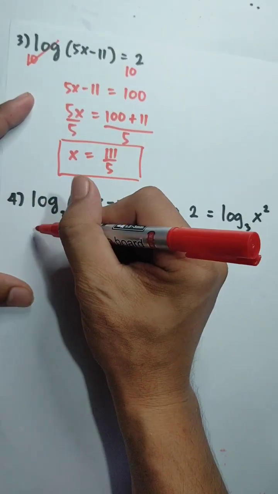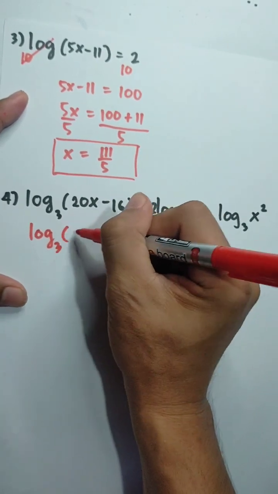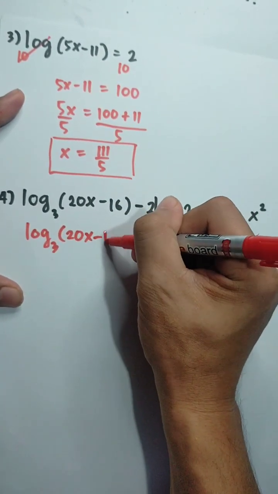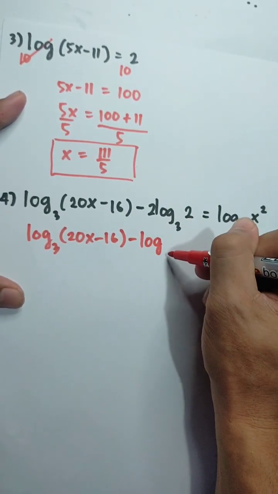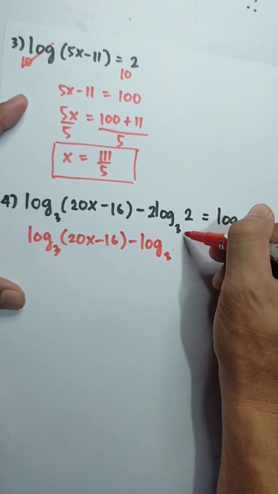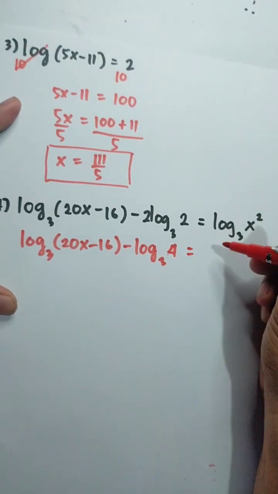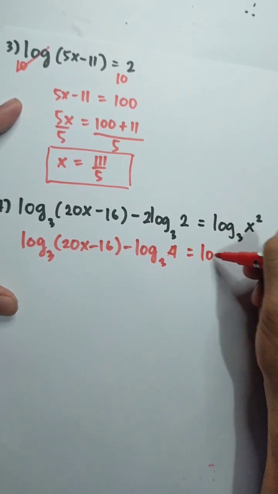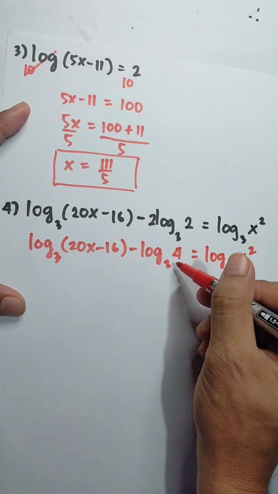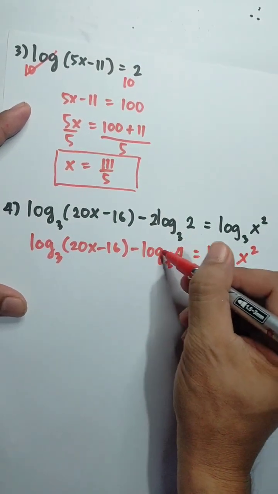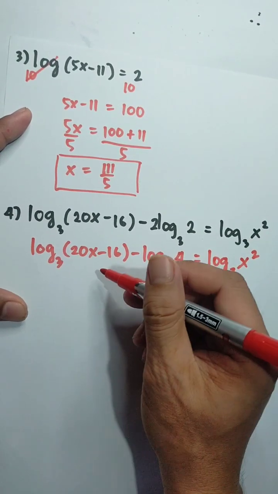So here we have, let's copy this one first, log base 3, that's 20x minus 16. Here we can write this as log base 3, 2 to the 2 is 4. Okay, and the right hand side, we'll copy that as well, log base 3 x to the 2. Now here we have a difference of logs, so we can write this into a quotient.